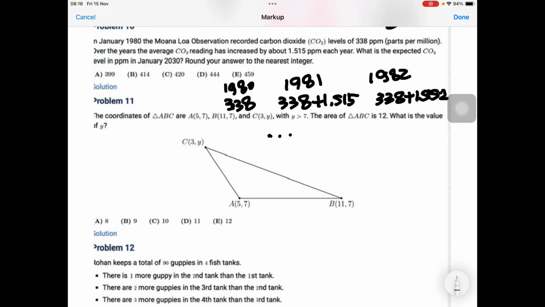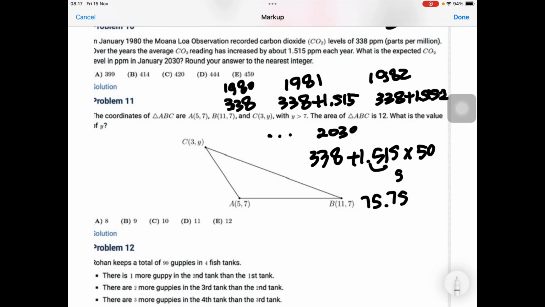Blah, blah, blah. So now we are at 2030, after 50 years. So 338 plus 1.515 times 50. So 75.75 plus 338, 413.75, about 414.